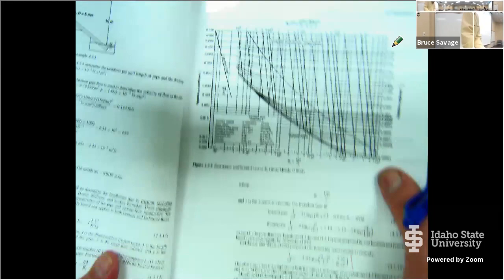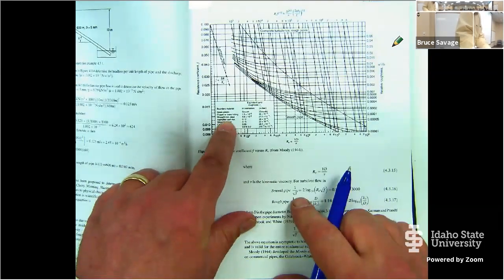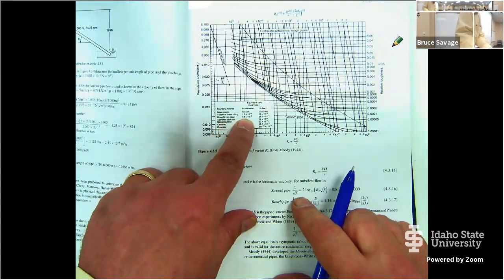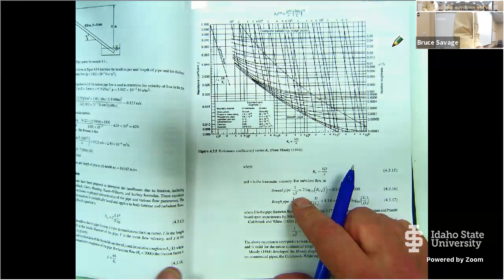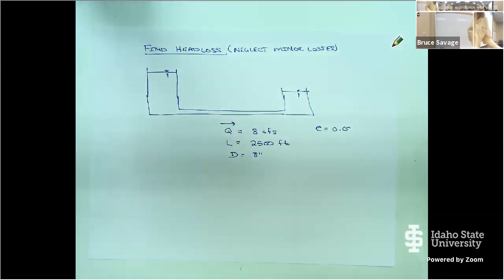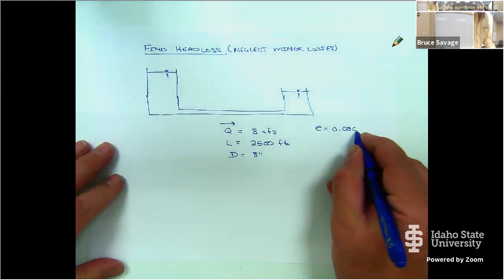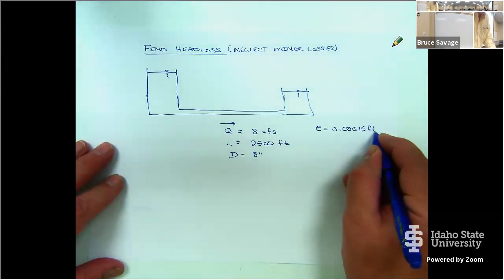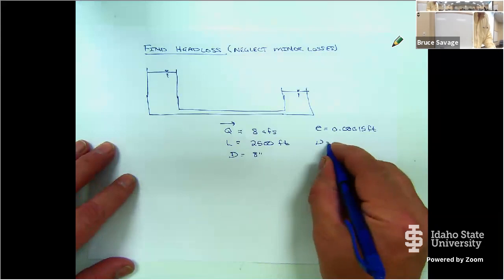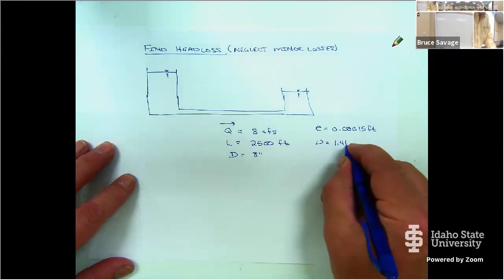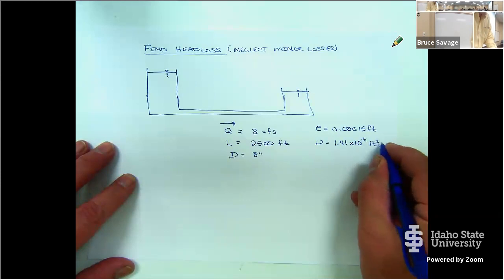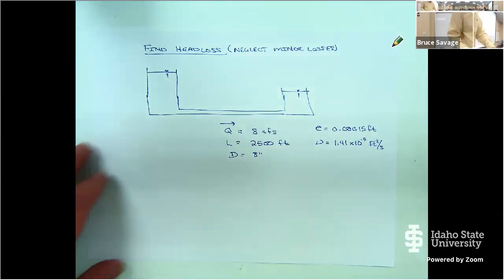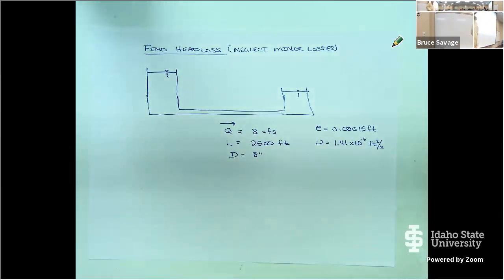Let's get a good value. So I'm going to come up here for, let's say, steel pipe. Okay, and we're going to do this in feet. So 1.5 times 10 to the negative fourth, and that's in feet. So 0.00015 feet. And we're going to say the viscosity of water, 1.41 times 10 to the negative 5 feet squared per second. That's kinematic viscosity of water at 50 degrees. Okay.